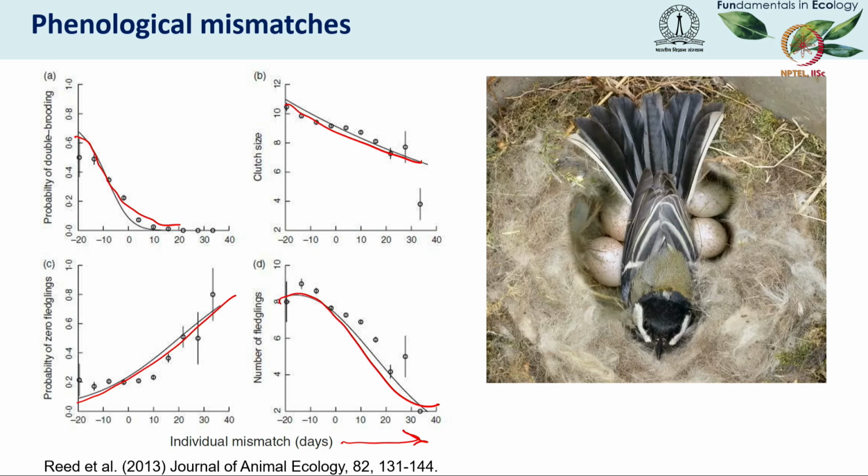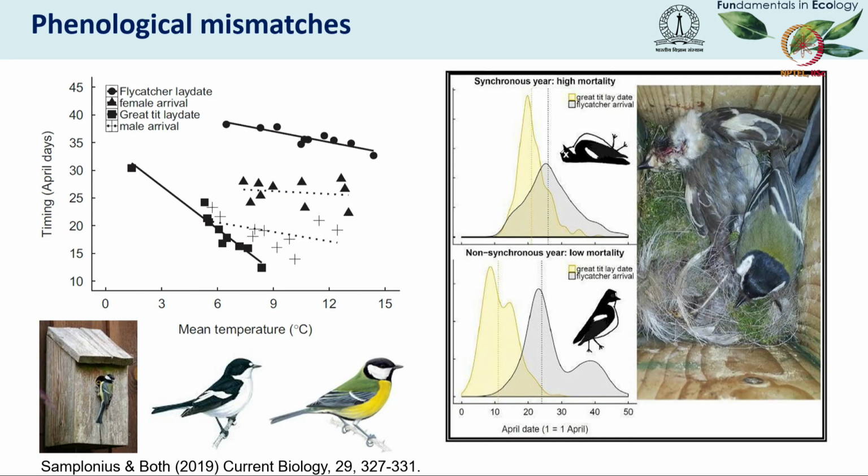So when the timing of maximum food in the environment versus maximum numbers of chicks changes, it does have consequences for fitness for these species. So phenological mismatches arising from climate change do have consequences for species.